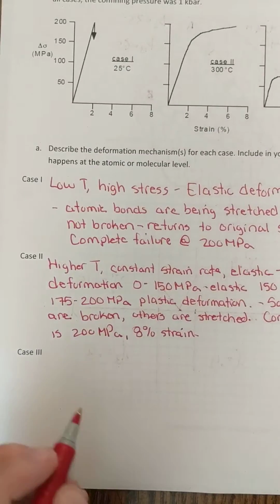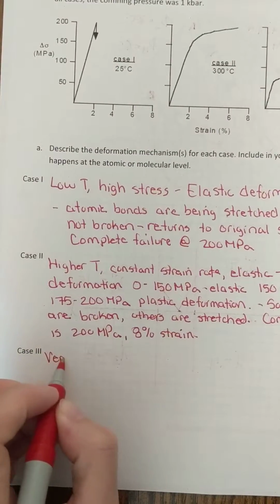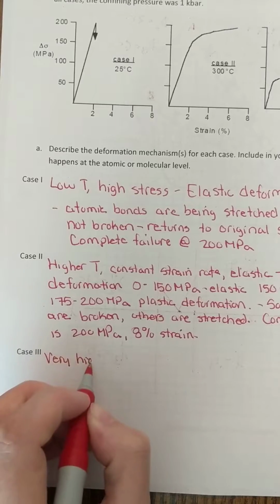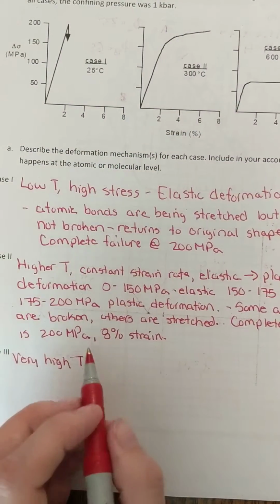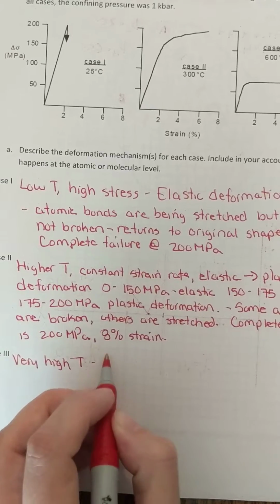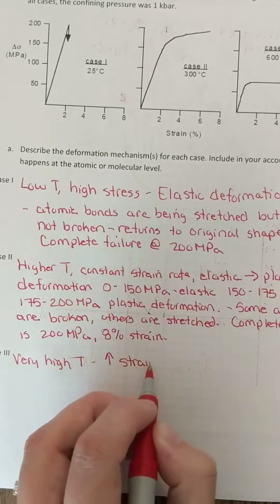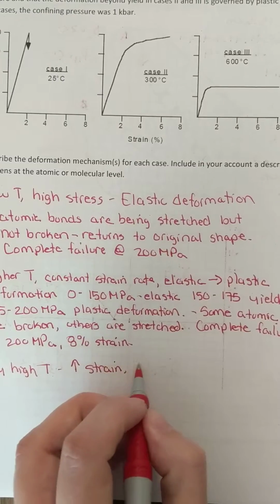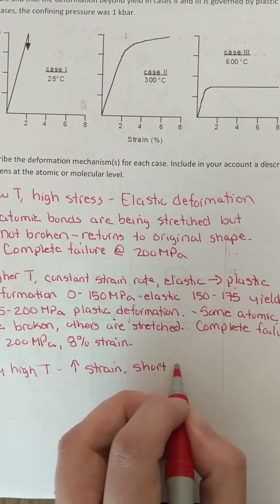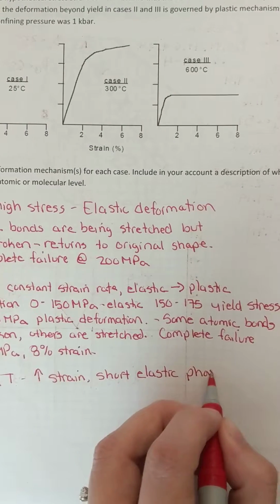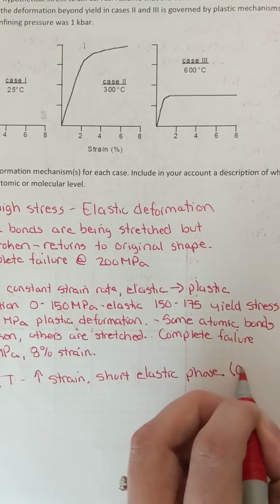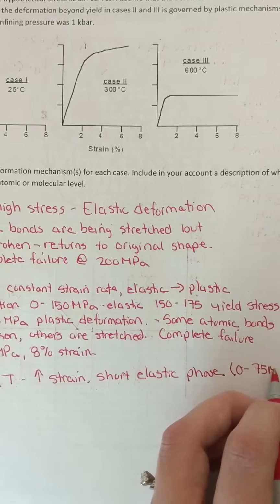And then case 3 is very high temps. And we're increasing strain. There's a short elastic phase between about 0 to 75 megapascals.